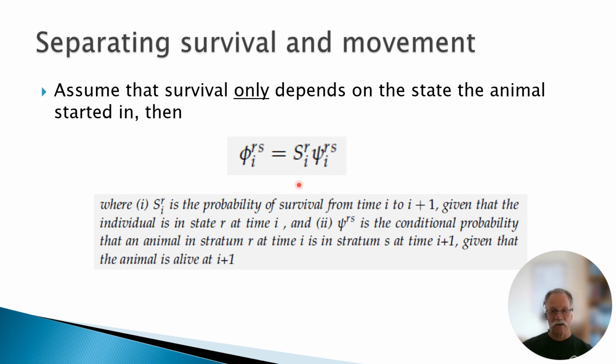We're using S here to indicate true survival. Again, if you have animals moving completely out of your metapopulation, then this would be equivalent to phi. We'll assume that we're looking at an entire breeding area for a species for right now. So we can decompose that into SR, indicating that survival is dependent on state R, times psi RS, the probability of moving from site R to site S, with I indicating the time step here.